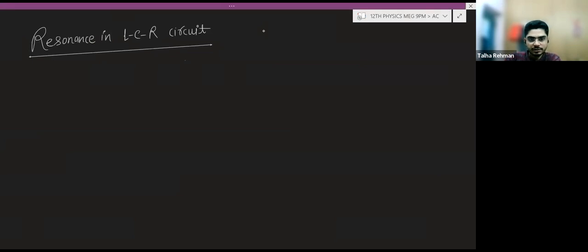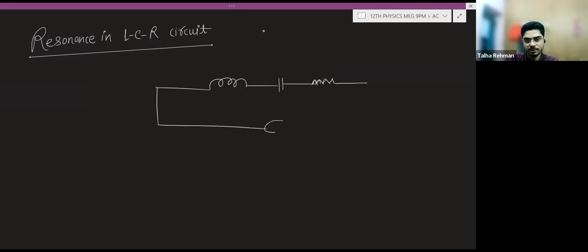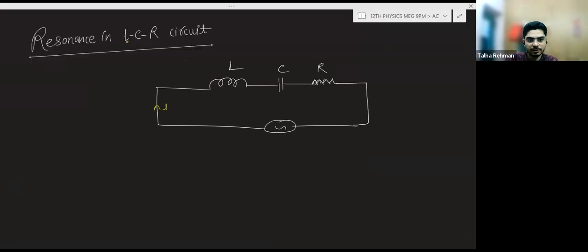Okay, so the LCR circuit is this. This is the inductor, this is the capacitor, and this is the resistor, connected in series with some AC source. And suppose at any time t in this circuit, the current is I equal to I naught sine omega t.